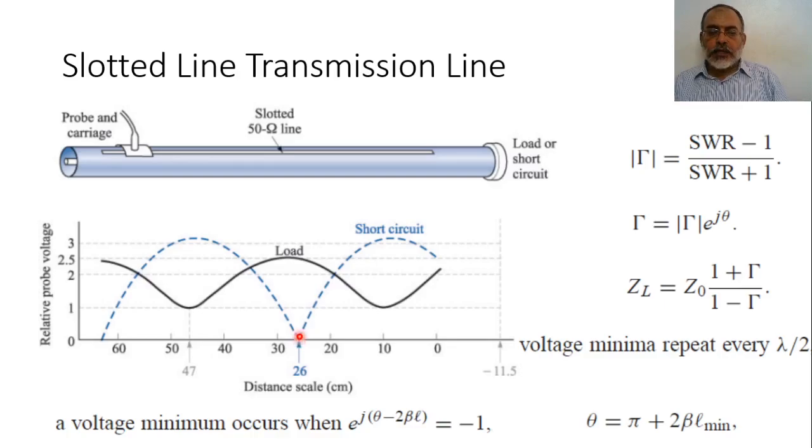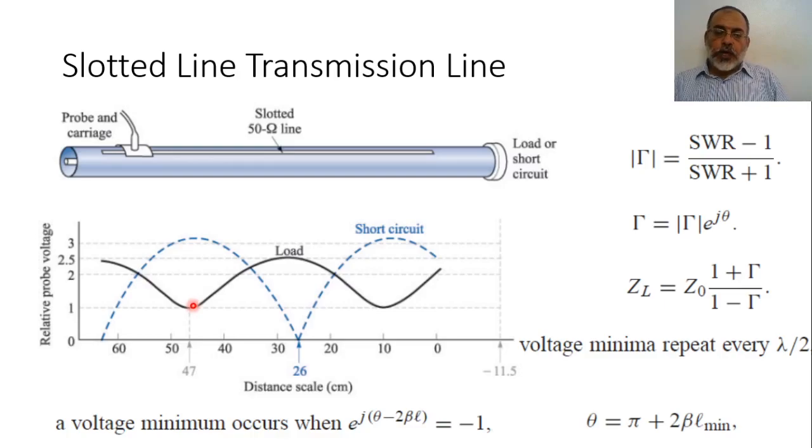And we said that this starting point is determined by using the short circuit as a reference point. So after this distance, the total phase would be -1. And in this case, the reflection coefficient has a phase shift of 180 degrees with respect to the incident field. So the total field would correspond to a minimum value.